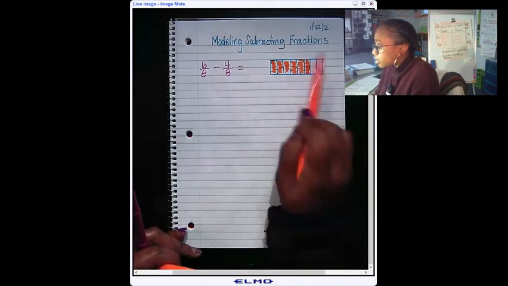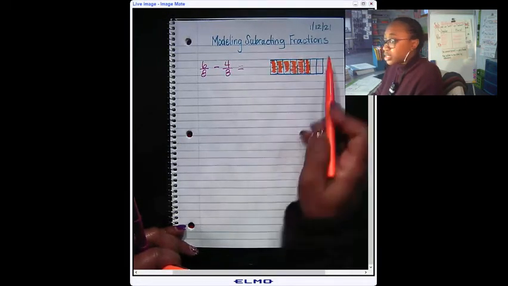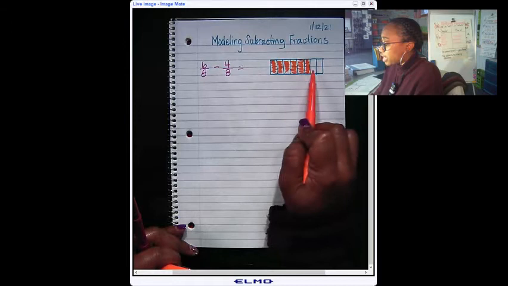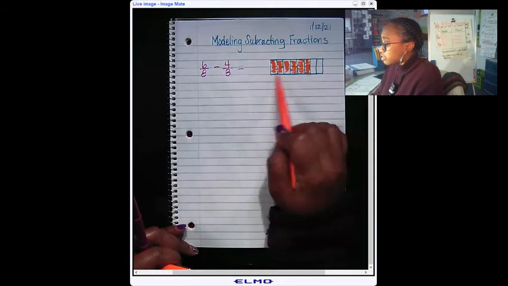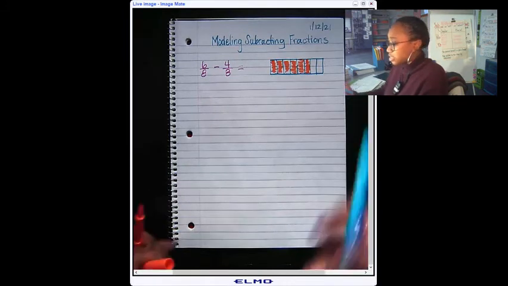Because I am starting with one whole that is separated into 8 equal parts. 6 of them are shaded.